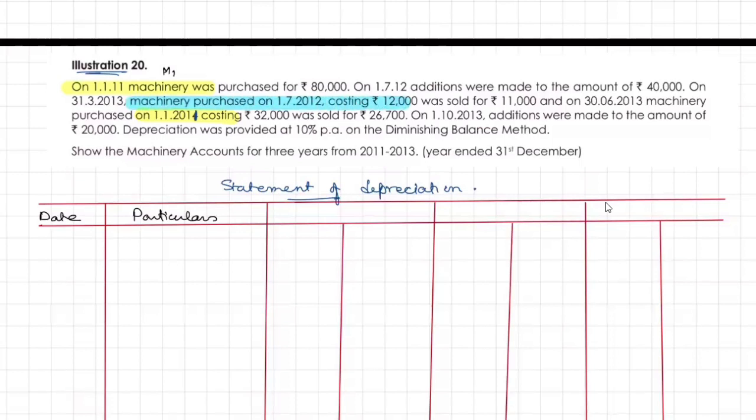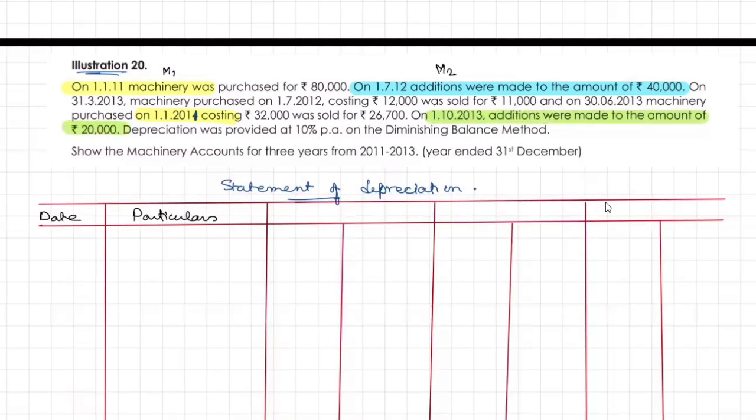No, sorry, not this one. This one, 1/7/2012, an addition was made of amount 40,000. So I'll name it as AIM2. And this one, machinery purchase of 20,000, 1st of October 2013, 20,000.